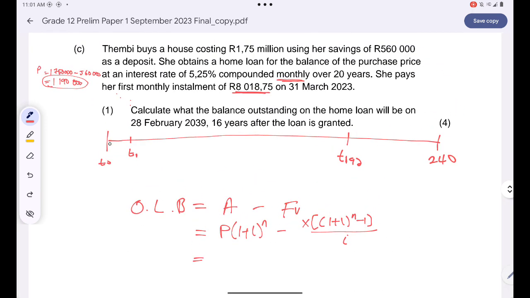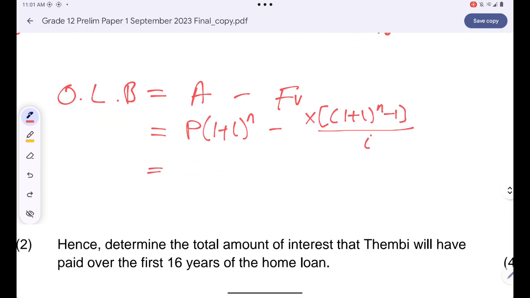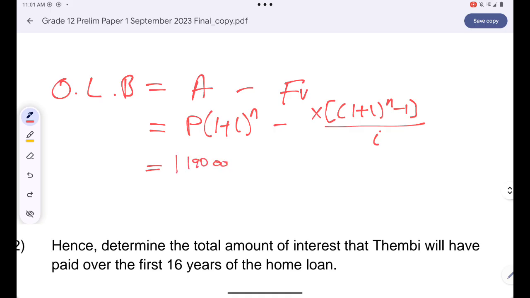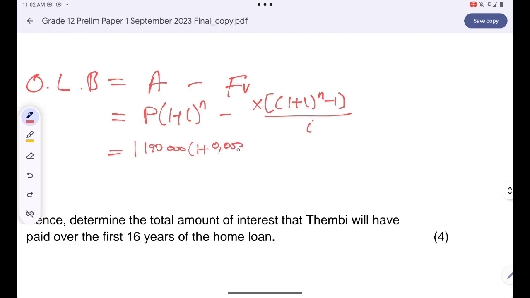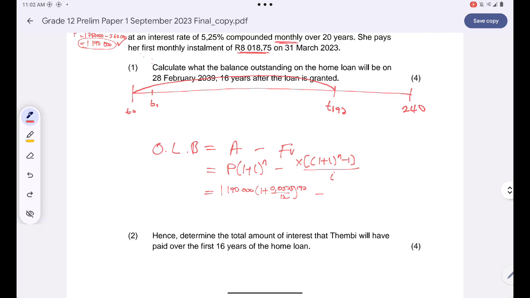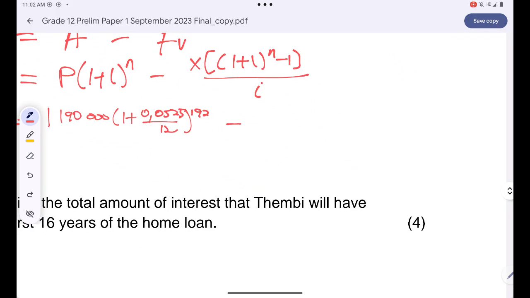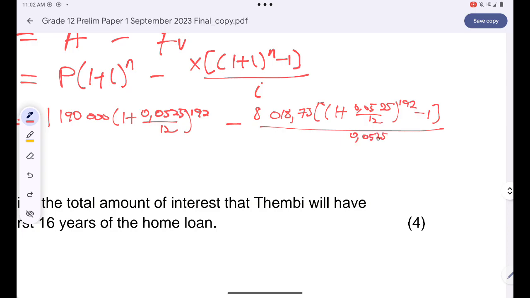For n, since Tembi has paid for 192 months, n is going to be 192, and P is 1.19 million, which is 1,190,000 rands, times (1 + 0.0525 over 12) to the power of 192, minus the installment, which was given to us as 8,018 rand 75 cents, times ((1 + 0.0525 over 12) to the power of 192 minus 1) all over 0.0525 over 12.